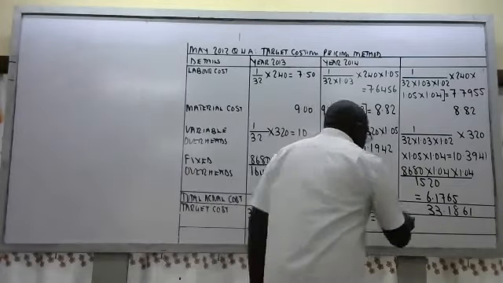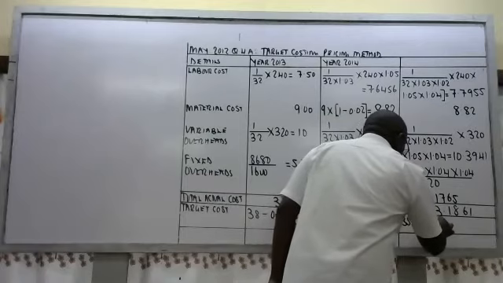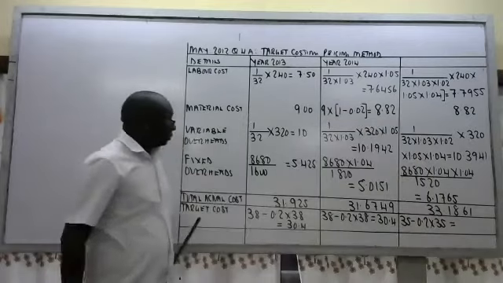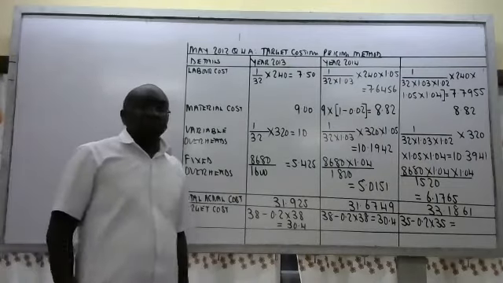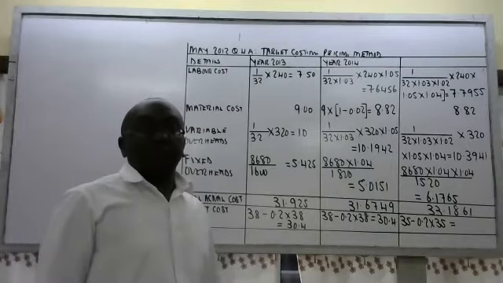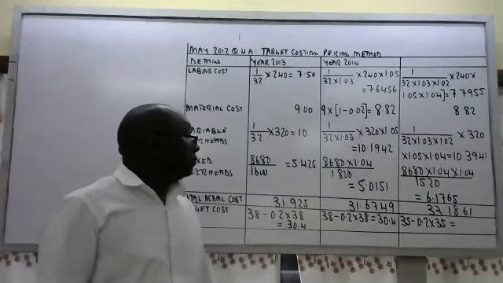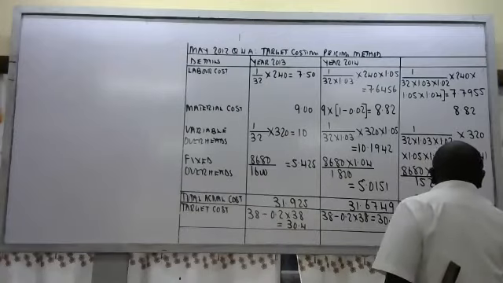Last year, it is 35 minus 0.2 of 35, that is 28. Good.